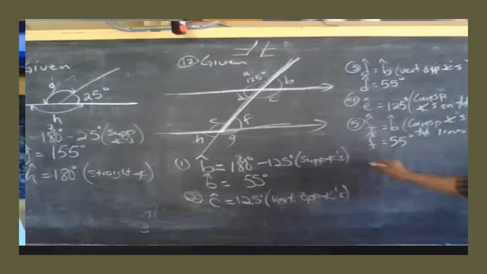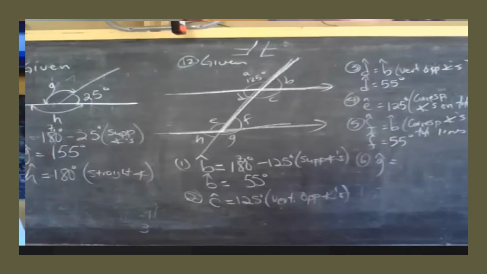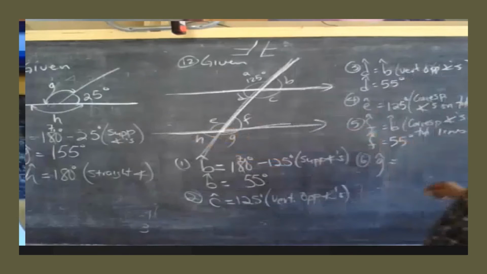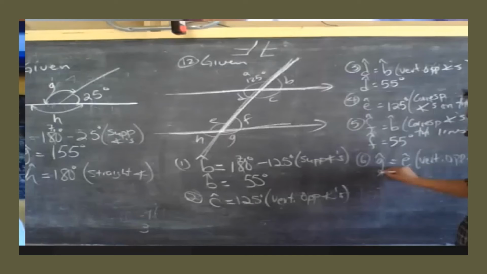Then for G, to make matters easy and not waste any time, I go again for my vertically opposite. So G is the same thing as E, vertically opposite angles. So G is equal to 125, I believe, yes.